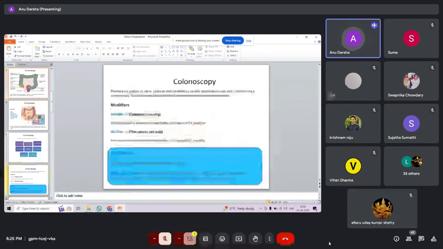So no need of modifiers for sigmoidoscopy, you are already down coding it. Actually it has to be billed as colonoscopy, but as per the guideline, the scope has to cross a minimal area, and it is not reaching that area. That's the reason we are down coding it. When you're already down coding it, no need of modifier.